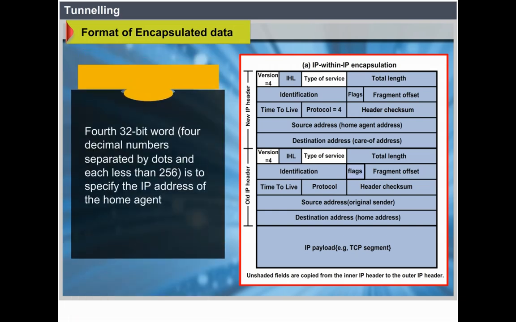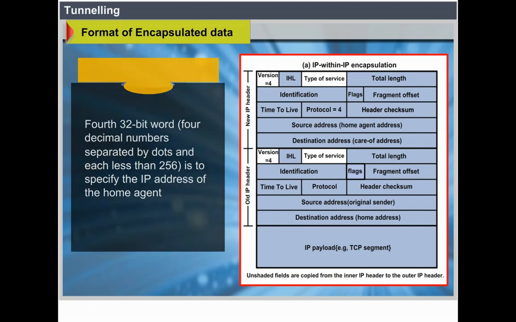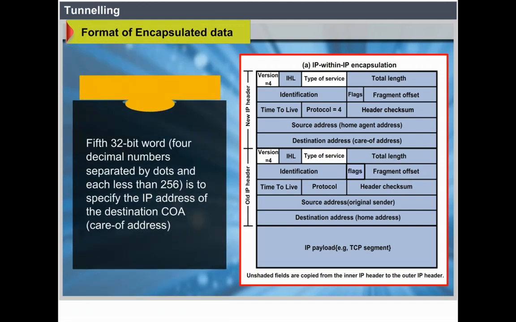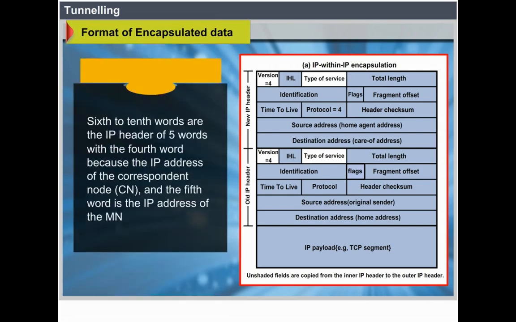The fourth 32-bit word, 4 decimal numbers separated by dots and each less than 256, specifies the IP address of the home agent. The fifth 32-bit word, 4 decimal numbers separated by dots and each less than 256, specifies the IP address of the destination, COA, care of address.